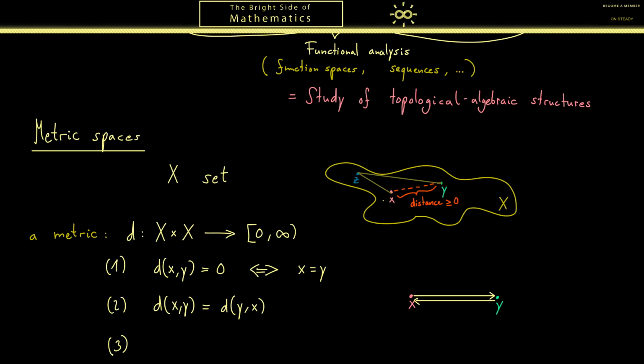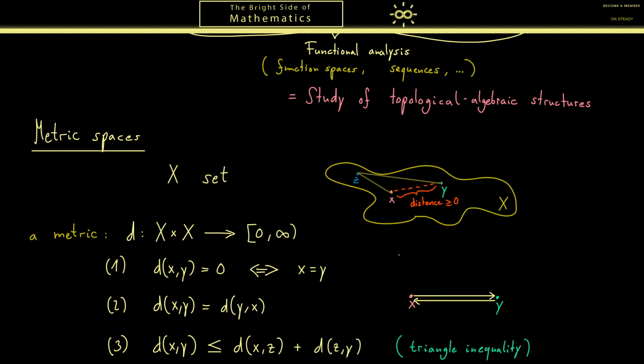In other words, if you add the gray lengths, then it gets longer than the blue line here. In a formal way, this means d(x,y), the blue line, is less or equal than distance x to z plus distance z to y.